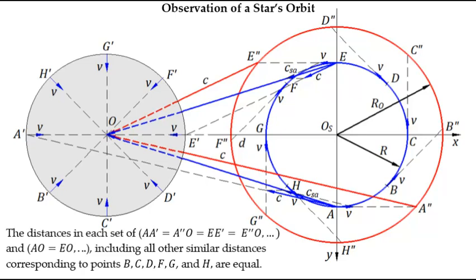This orbit has a larger diameter than the actual orbit, and the observed orbital velocity is greater than that of v. The observed circular orbit increases with increasing distance d. This observation compensates for the fact that objects appear smaller than they are as the distance increases.